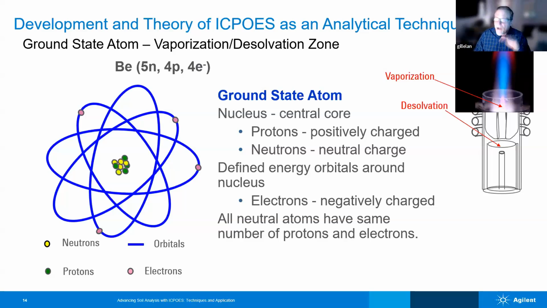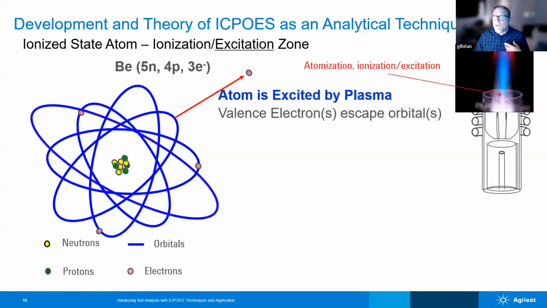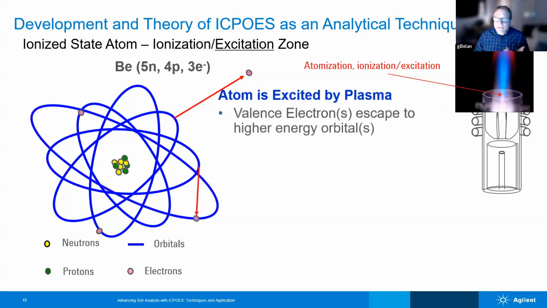As you go along up the plasma and watch this process take place, the atom will kick off an electron. In some cases, it's ionized. So this is the ionization excitation zone. In some cases, the electron actually kicks into a higher orbital, like that.